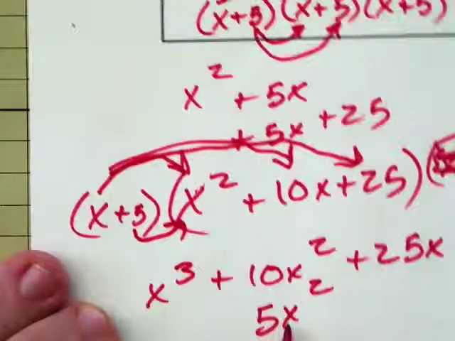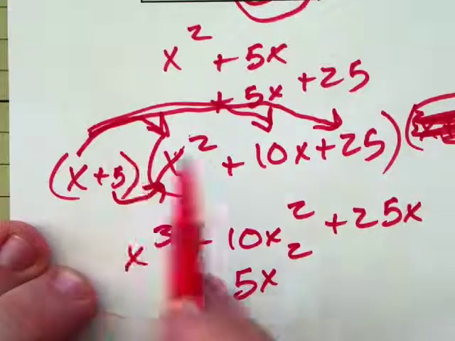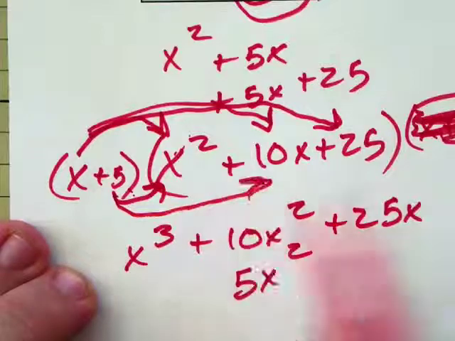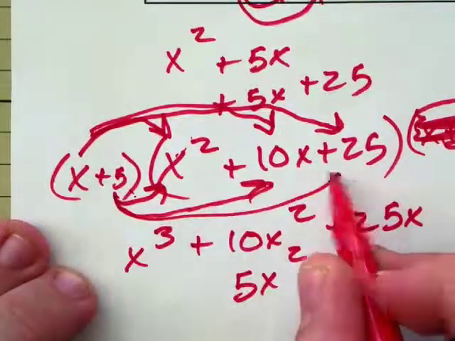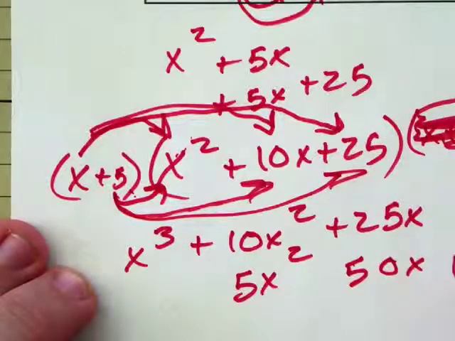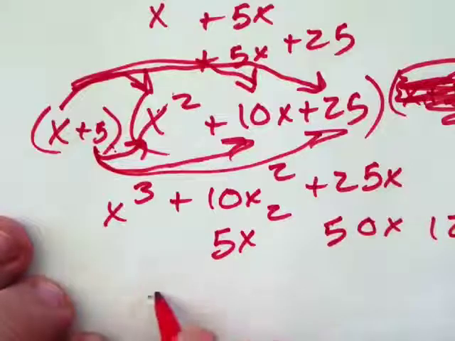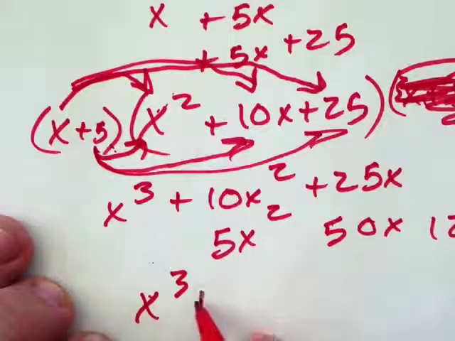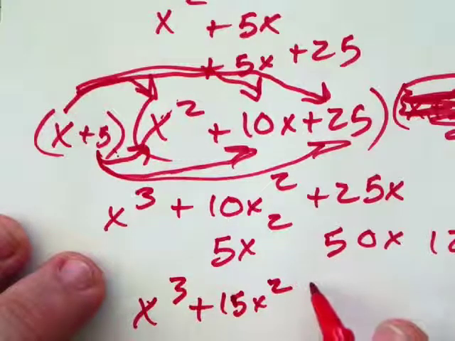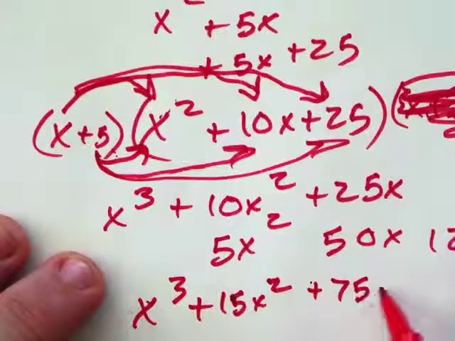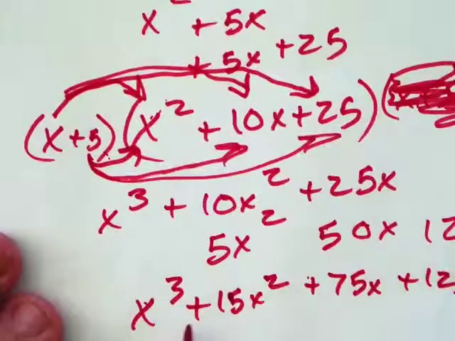I'm lining it up here because I want to have the squareds lined up. Then 5 times 10x is 50x, and then 5 times 25 is 125. If we simplify that out, we get x cubed plus 15x squared plus 75x plus 125.